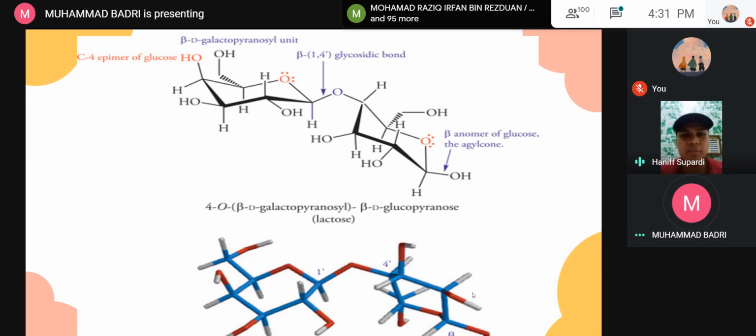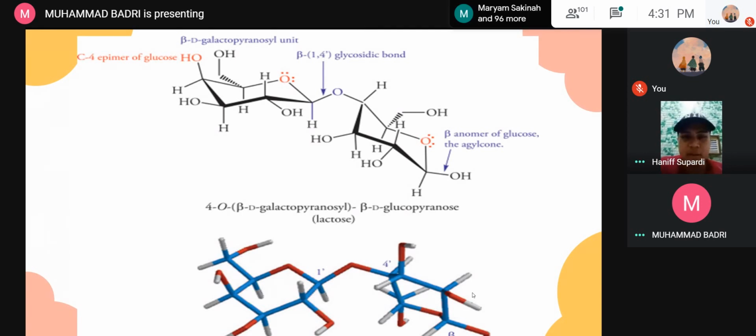The connection between galactose and glucose is via a beta 1,4 glycosidic bond, as we can see in the figure below.